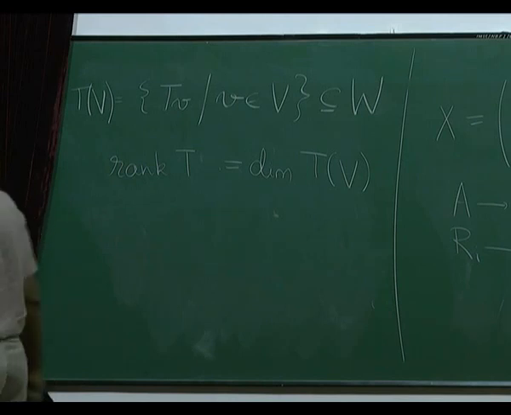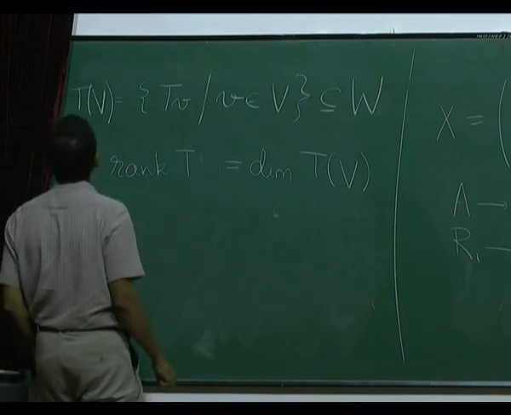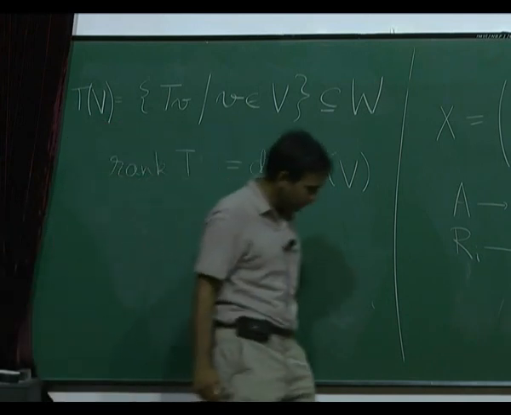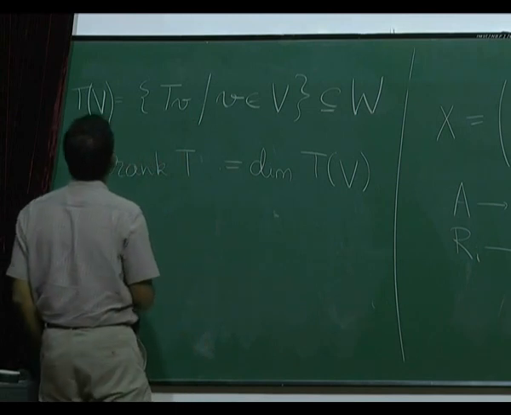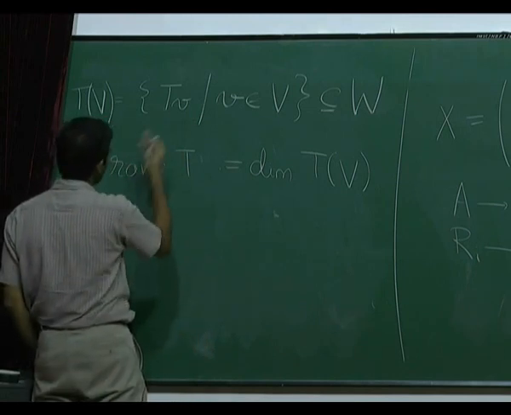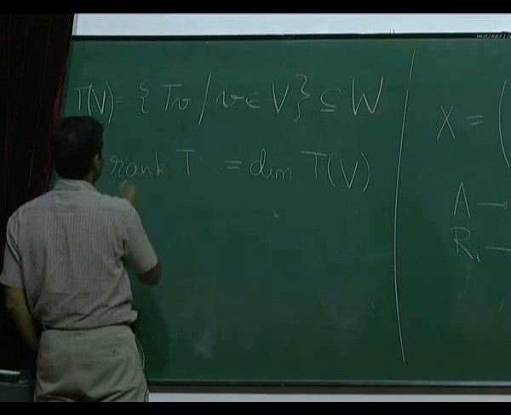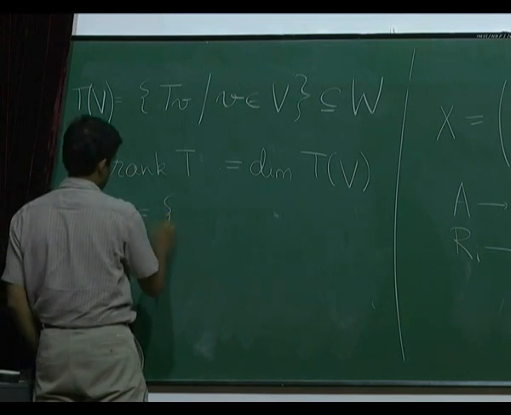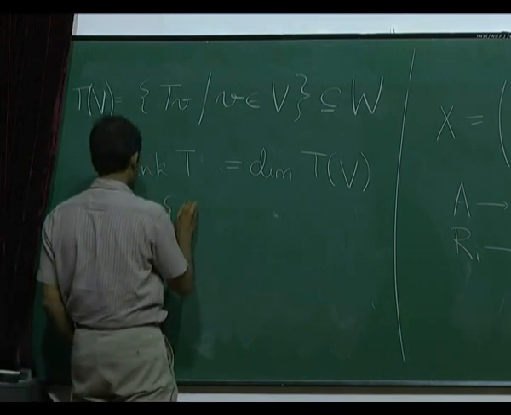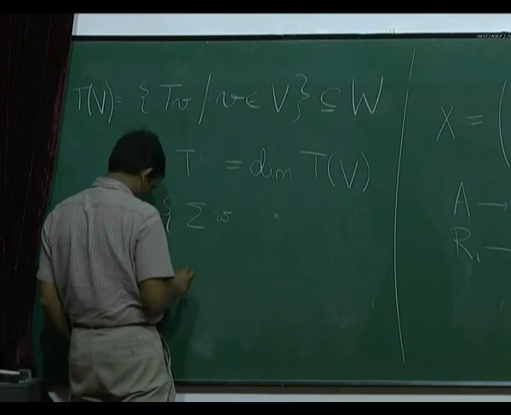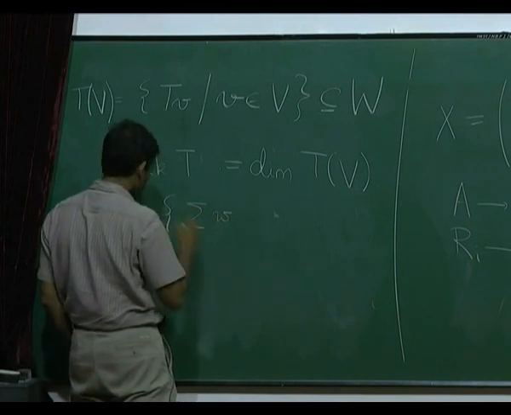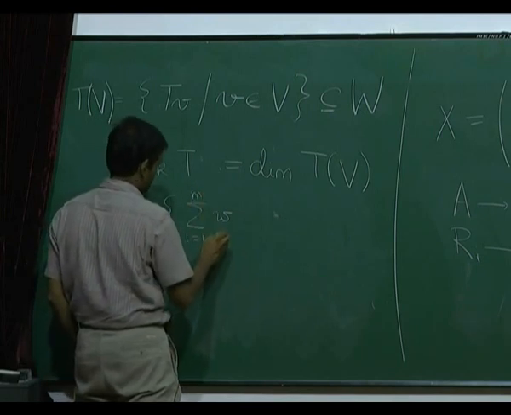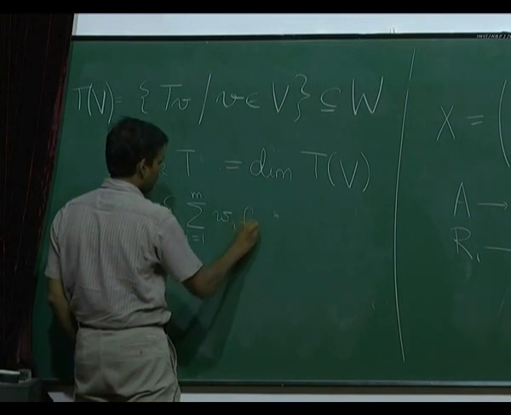And suppose A is the matrix representing T, then the coordinates of the vectors in TV are given by the summation over i from 1 to m of w_i f_i.